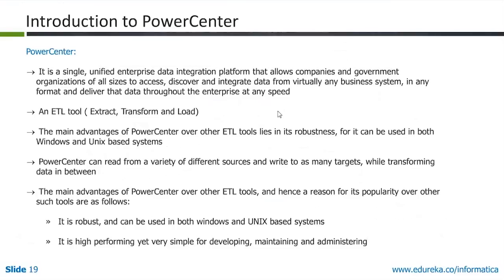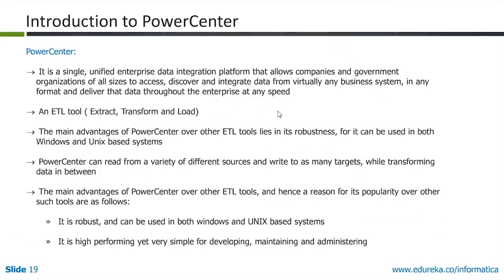What Informatica says is that it's a single unified enterprise data integration platform that allows companies and government organizations of all sizes to access, discover, and integrate data from virtually any business system. Please note the point: virtually any business system, in any format, and deliver the data throughout the enterprise at any speed.